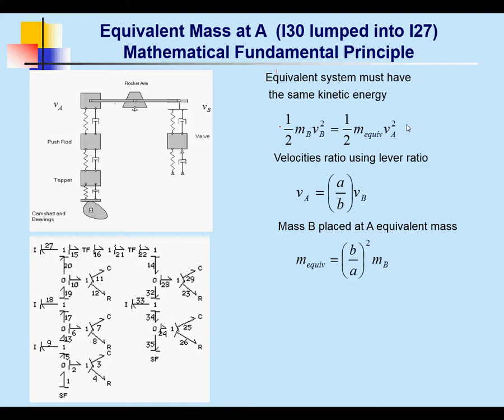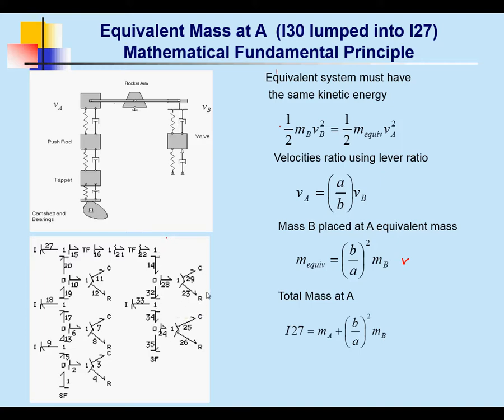From here you could solve for the equivalent mass and combine it with this equation, and then you'll obtain this. Okay. The total mass at A then becomes the original one. This is I-27.